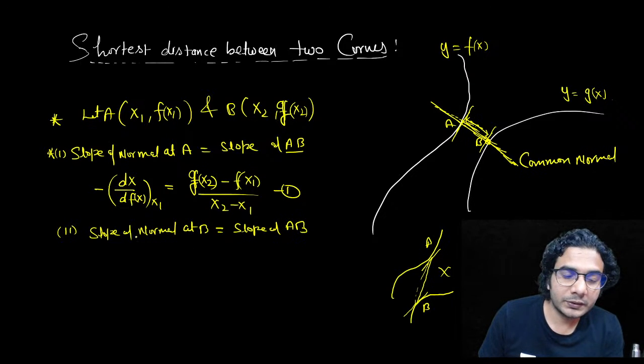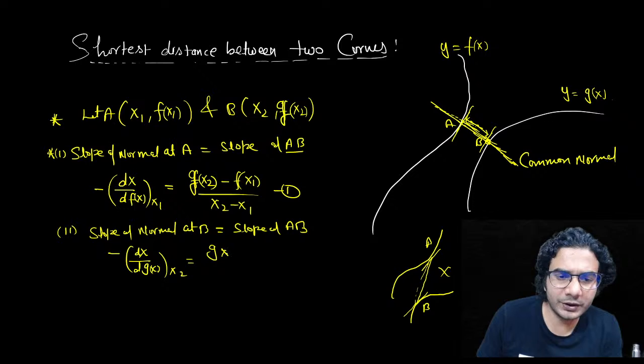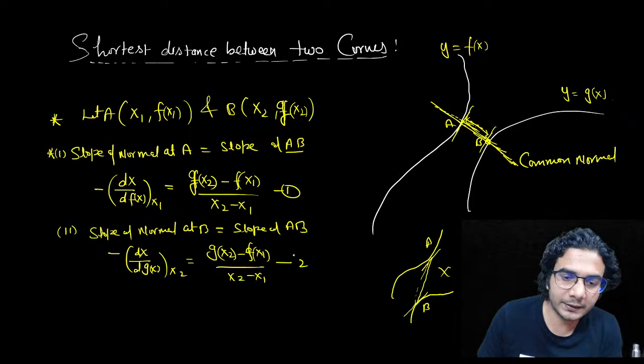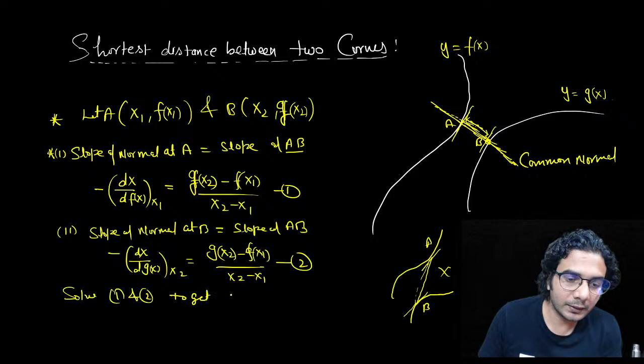So now it is minus dx upon dg(x) at this point x2, and that is equal to the same (g(x2) minus f(x1)) divided by (x2 minus x1), as relation 2. Now solve 1 and 2 to get x1 and x2, and once you get x1 and x2, then apply the shortest distance.